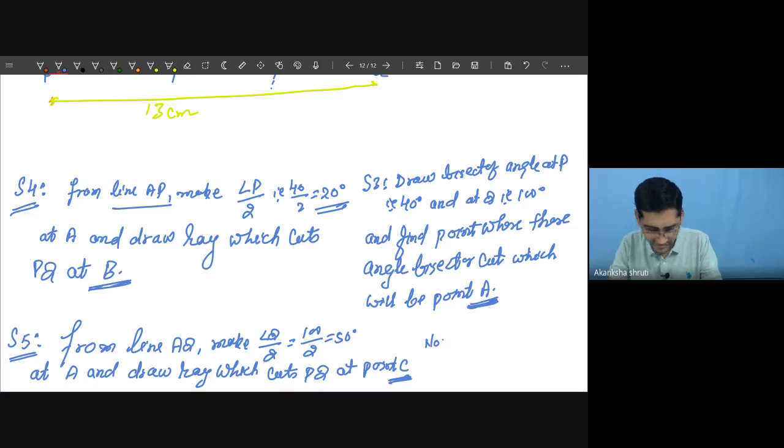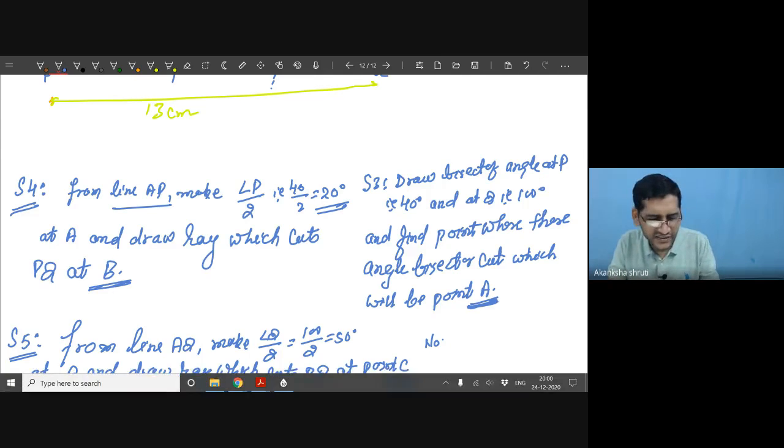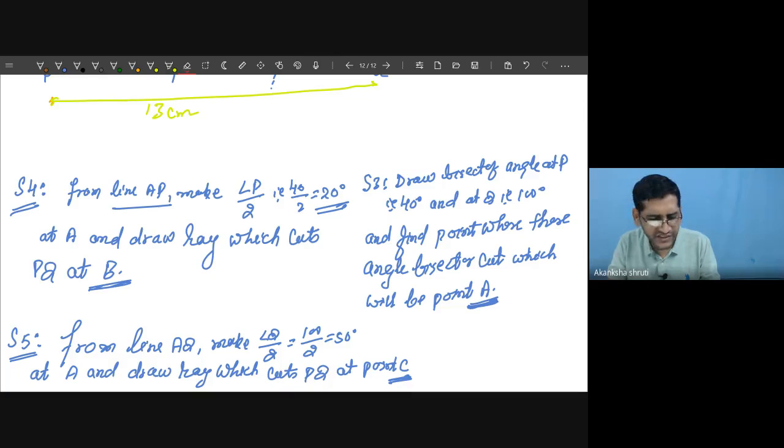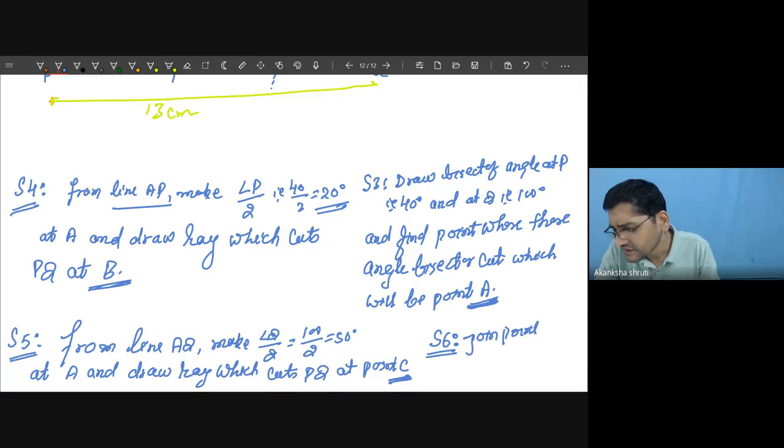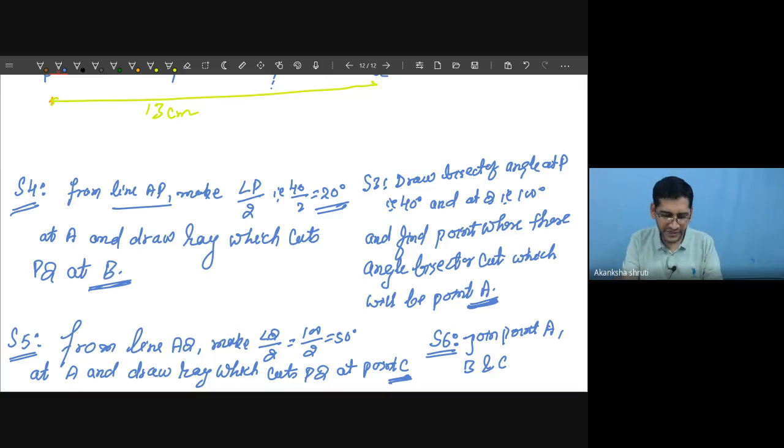Now the final step, step number 6. Join A, B, C to get the triangle. The step number 6, I have no more space. So join point A, B and C. A we have determined in step number 3, B we have determined in step number 4, and C in step number 5, to get triangle ABC.